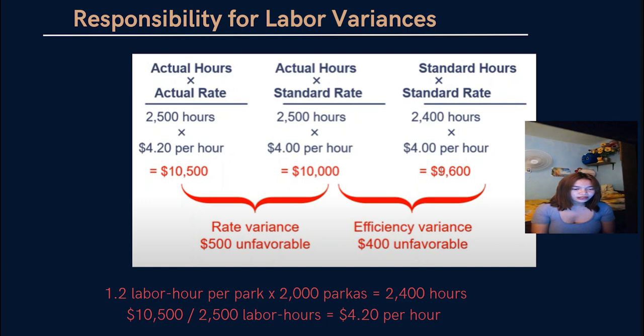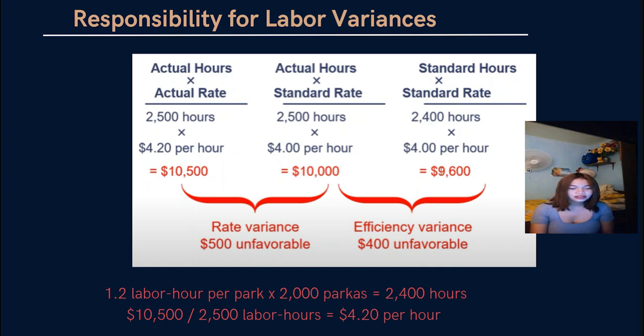Responsibility for labor variance. 2,500 hours times $4.20 per hour is equal to $10,500. The actual hours and standard rate is 2,500 hours times $4 per hour, which is equal to $10,000.